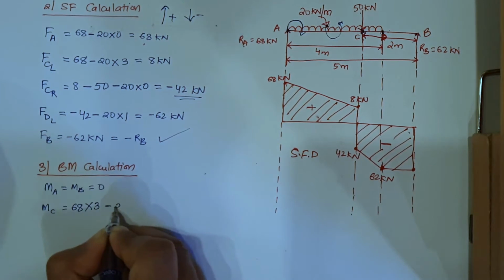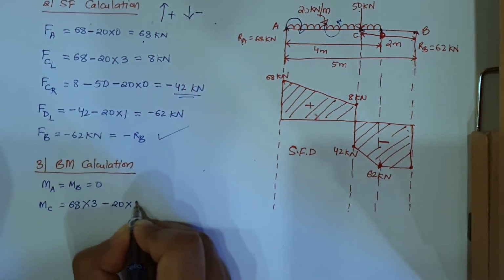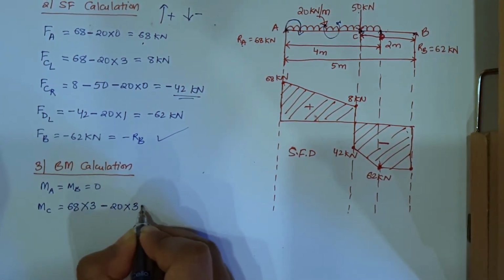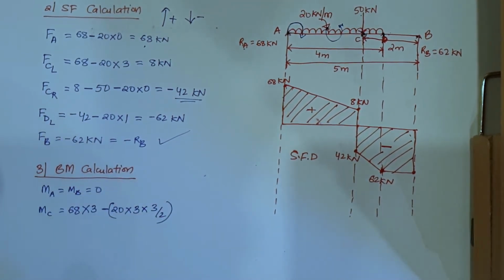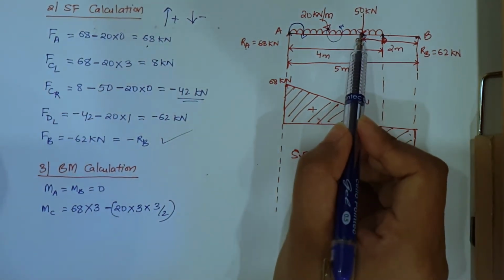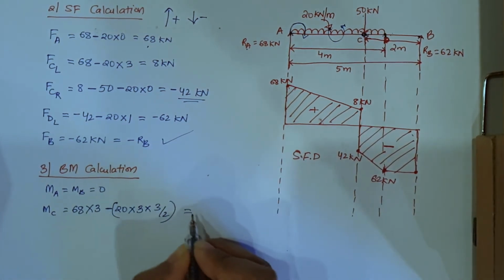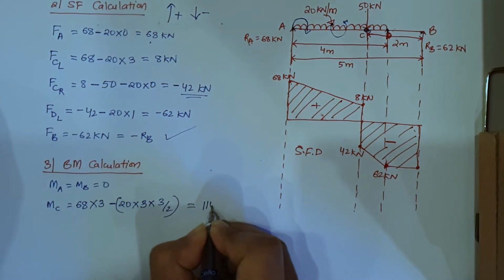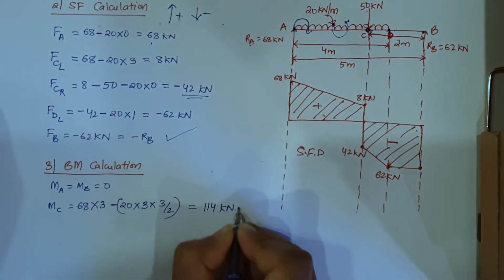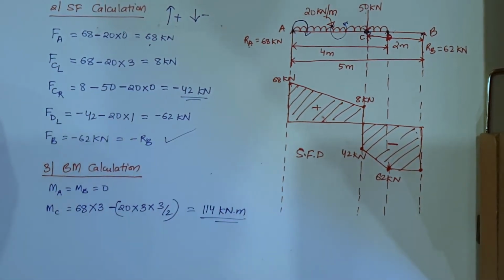So minus 20 into distance which is 3 into 3/2, because this is a UDL. So by doing this we reach point C. So here how much will we get? Moment at C will be coming equal to 114 kilonewton meter.